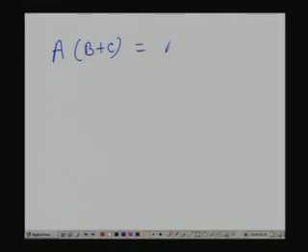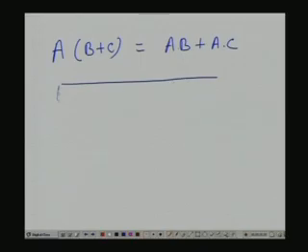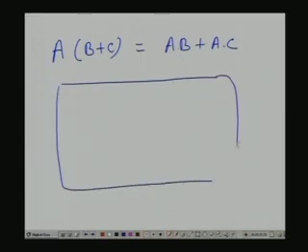This will be, again for that we take this.